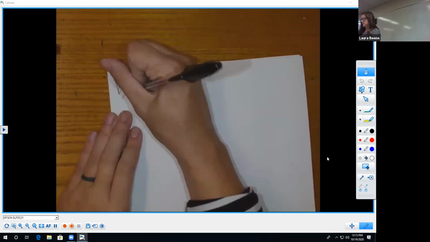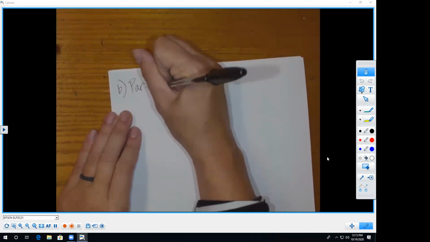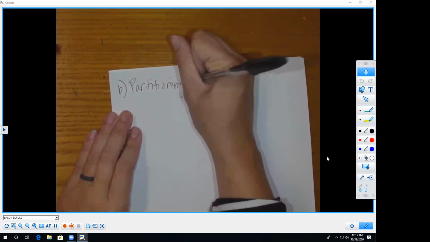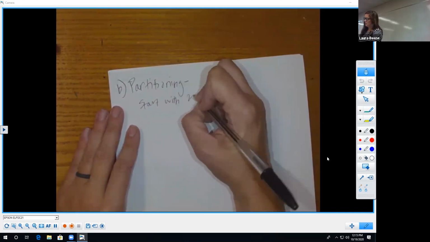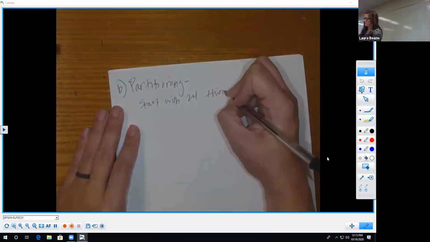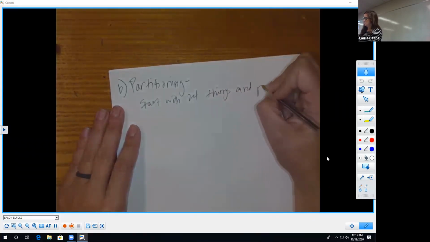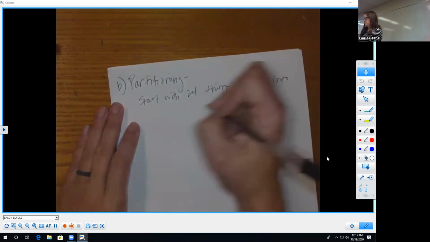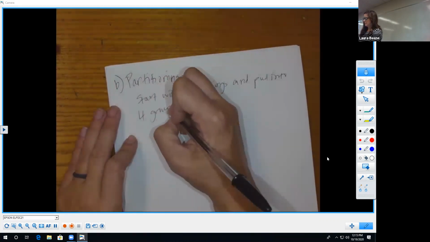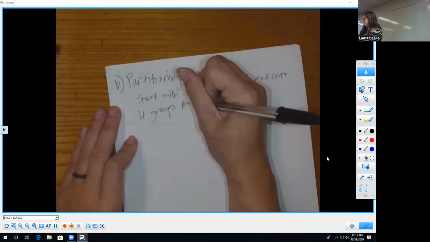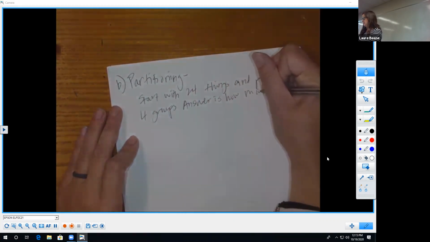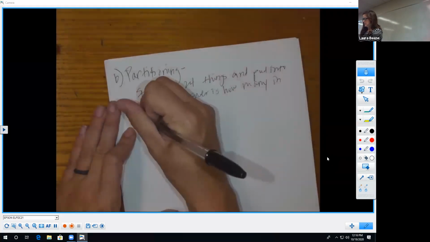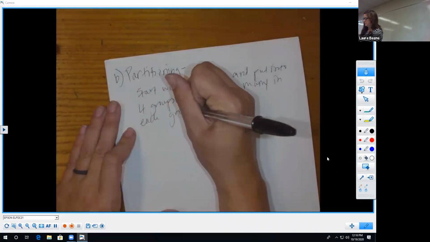For partitioning, the idea of partitioning, I'll write it down first. The idea is start with 24 things and put them into 4 groups. Your answer is how many in each group.